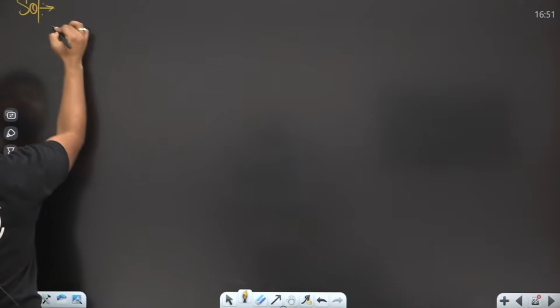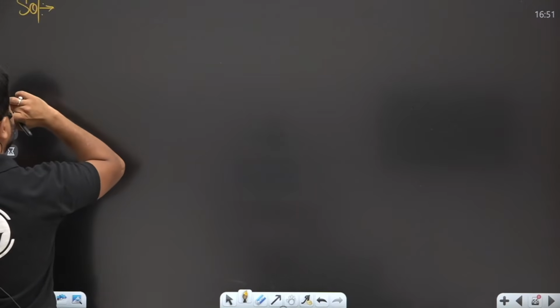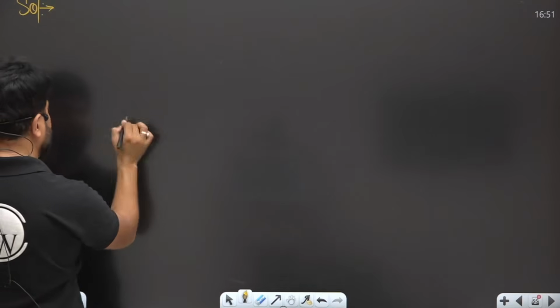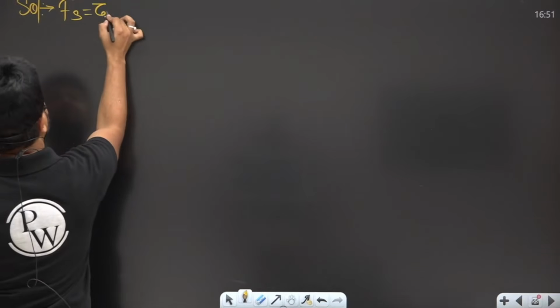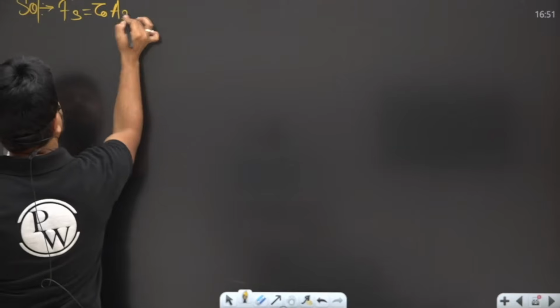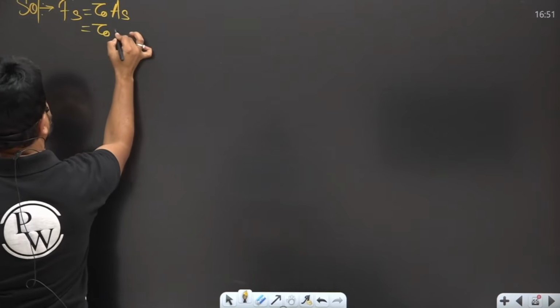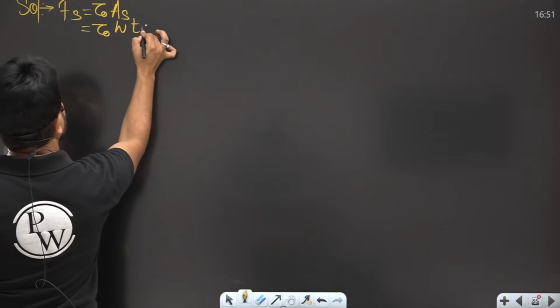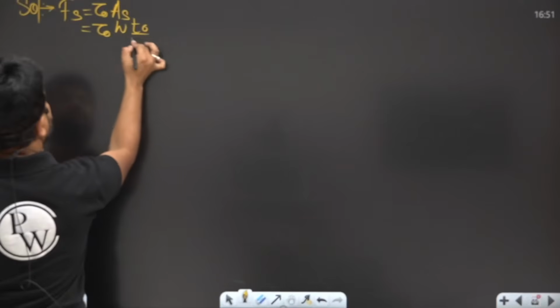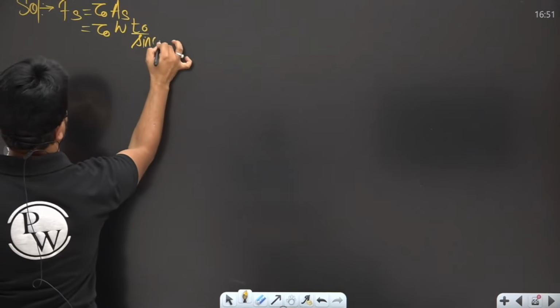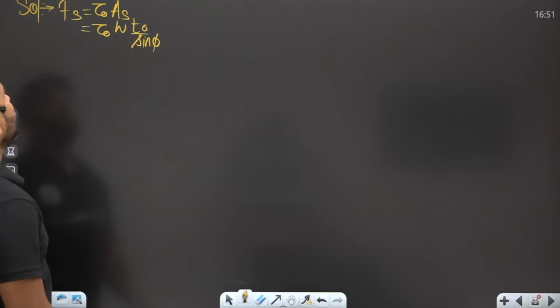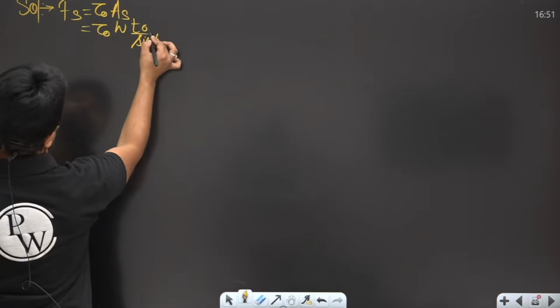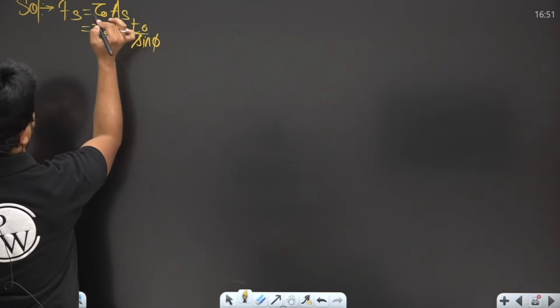Please see. First of all, if you want to find the shear force in orthogonal cutting, shear force is tau naught into As. And As is w into t0 by sin phi, remember? So you know the values of w, t0 and tau naught; you need to find the value of sin phi.